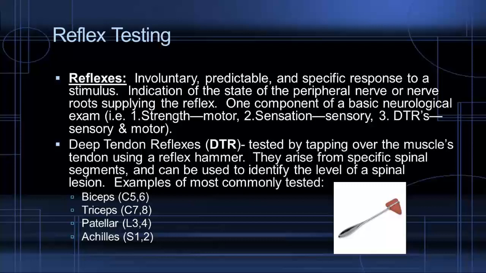The four we're going to be testing: the biceps tendon, nerve roots C5 and 6; the triceps tendon, C7 and 8; the patellar tendon, L3 and 4; and the Achilles tendon, S1 and 2.